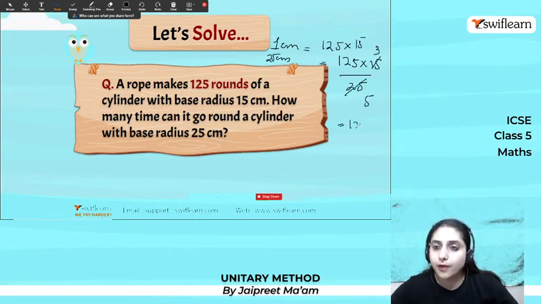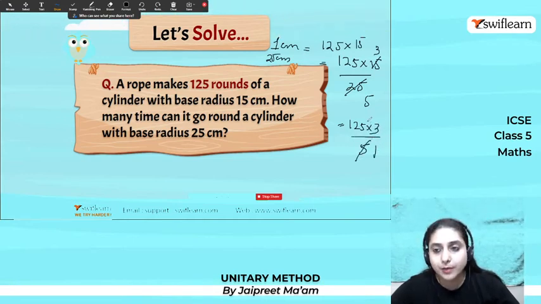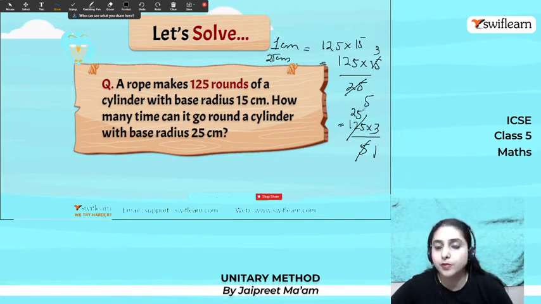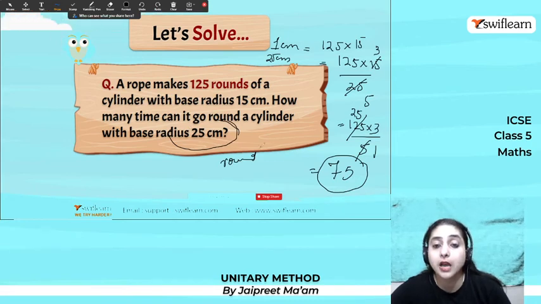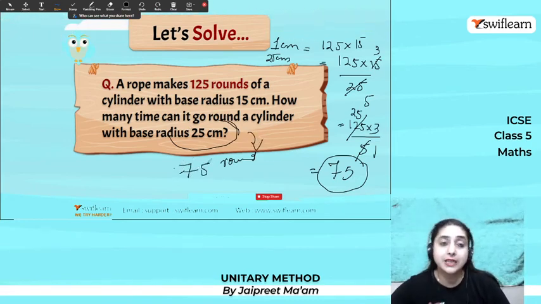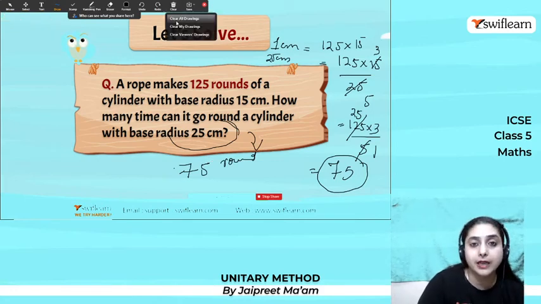Now we have 125 times 3 upon 5. So 5 times 1, 5 times 2 is 10 and 5 times 5 is 25. So the answer is 75. So 75 rounds will be made, because we increased the radius, so our number of rounds will decrease. Indirect variation again.